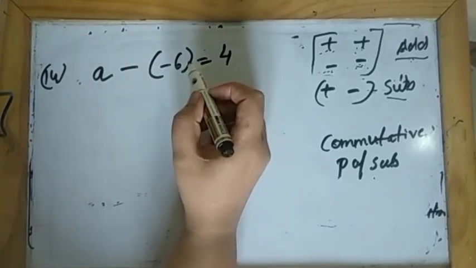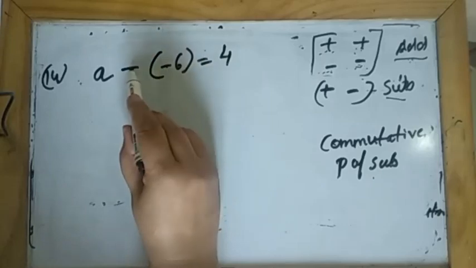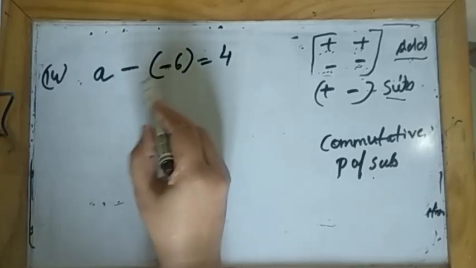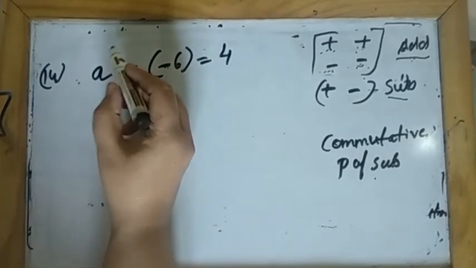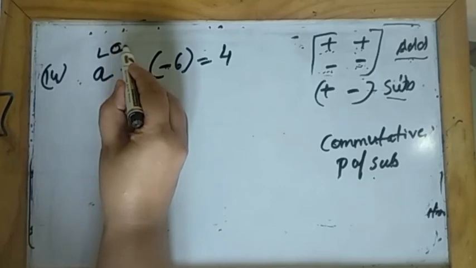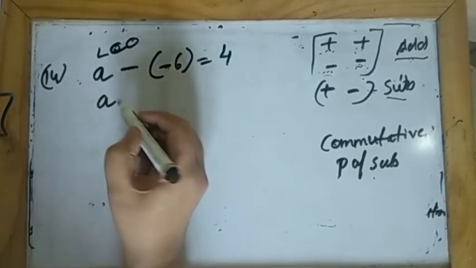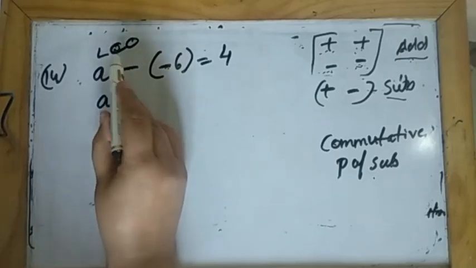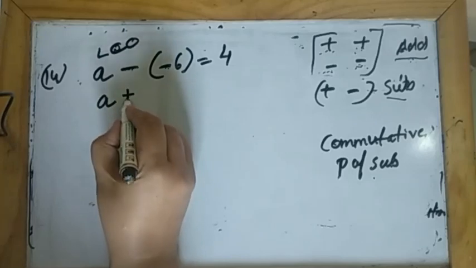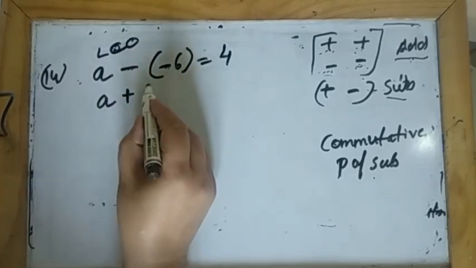Now I have to find the value of a. First of all, as these two signs are minus and minus, together, this is a sum of subtraction, you can apply the rule of LCO: leave the first number, change the sign of subtraction into addition, and write the opposite of the second number, which is 6.